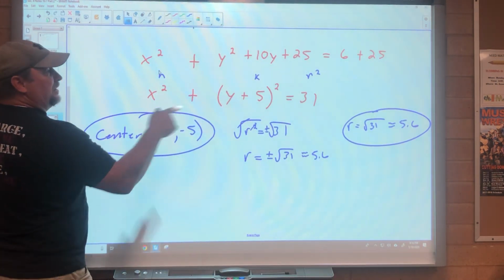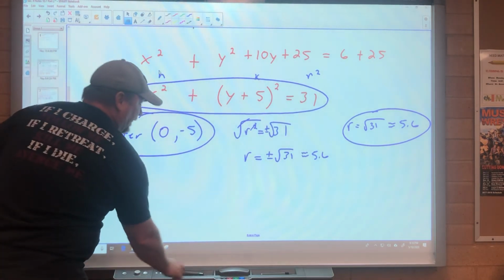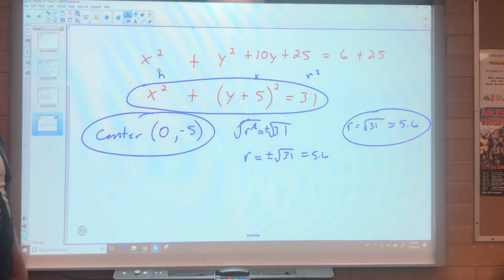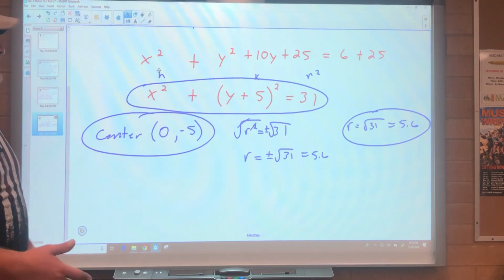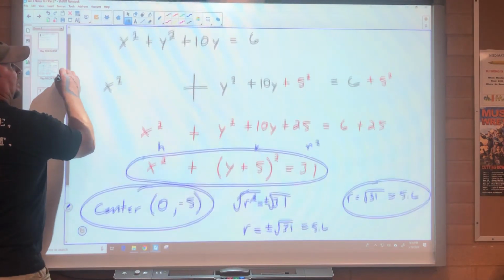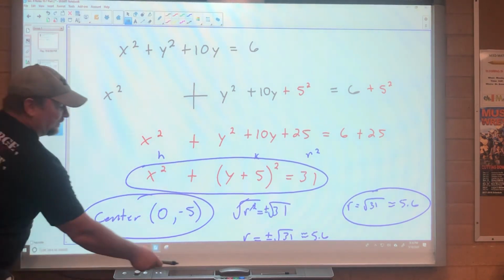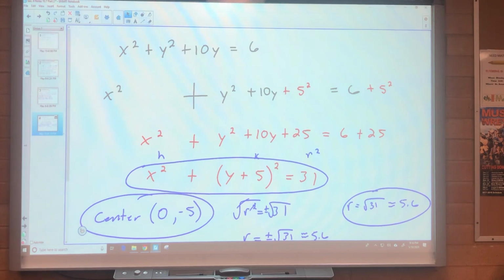That would be your center, your radius, and that would be the equation that makes it work. Okay? I hope that makes sense. I hope you guys have a good lesson with that and you guys can get that done. Remember, that's what this one looked like to start, and that's what our answer would look like for that one. Okay? Just remember you're completing the square on this one, okay? Good luck. Let me know if you have any trouble, and see you later.